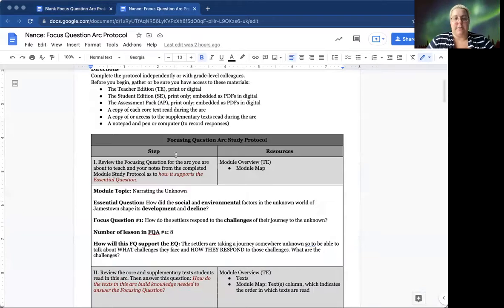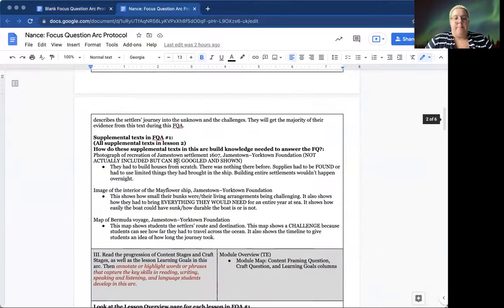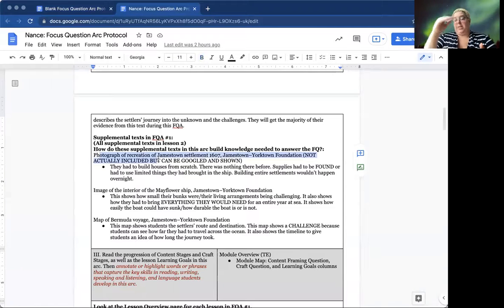And as you can see with this example, we went through and actually looked at each of the different texts. A text doesn't have to be writing, it can be imagery. Wit & Wisdom is really great about including different types of text for students to interact with. So you might even want to copy and paste each one and talk about how each one connects to the focus question.